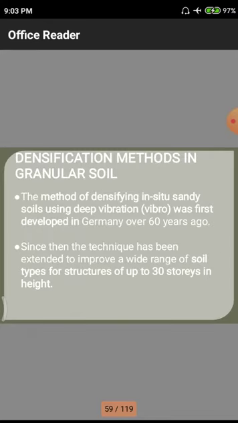Next we have these densifying methods. First of all, these densifying methods were introduced by Germans 60 years back. By using these densification methods, we can construct a building up to 30 stories.